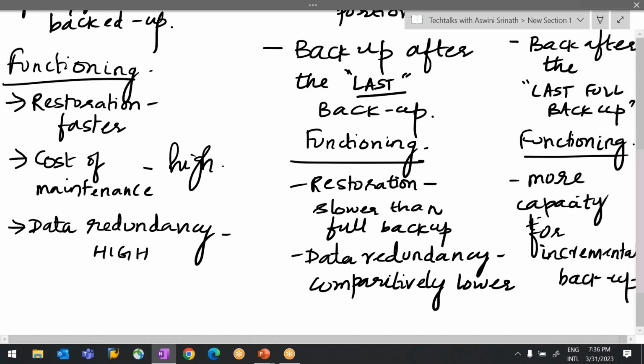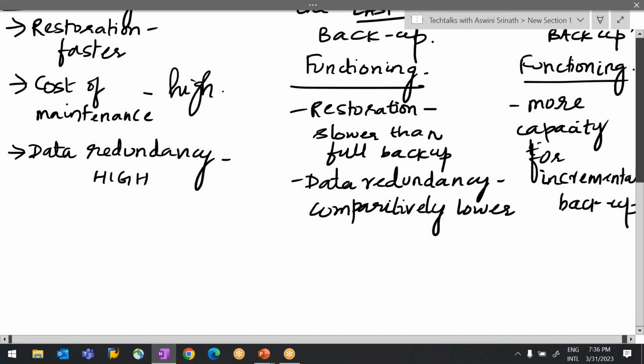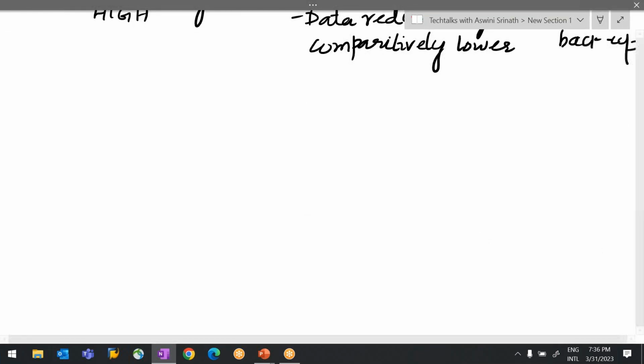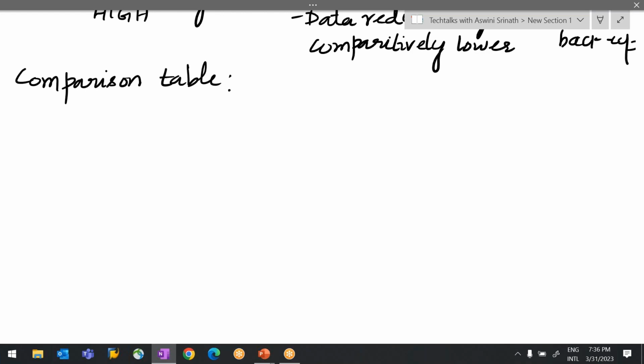Let me give you an example as to how we differentiate between full, differential and incremental backup. So take an example. This is how it looks. You are taking backup day 1, day 2, day 3.